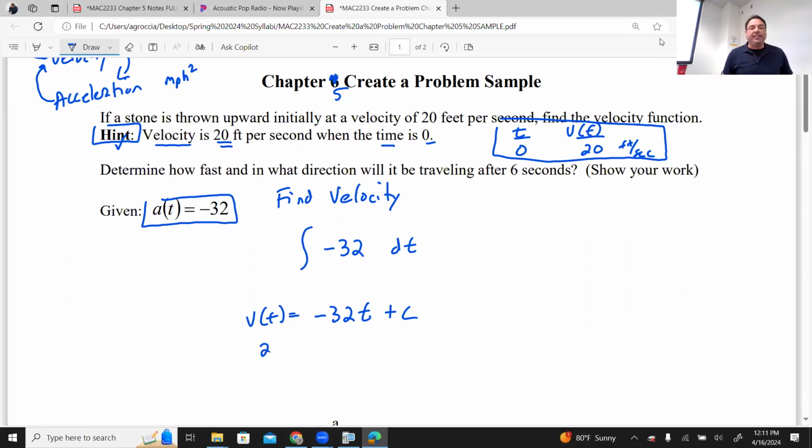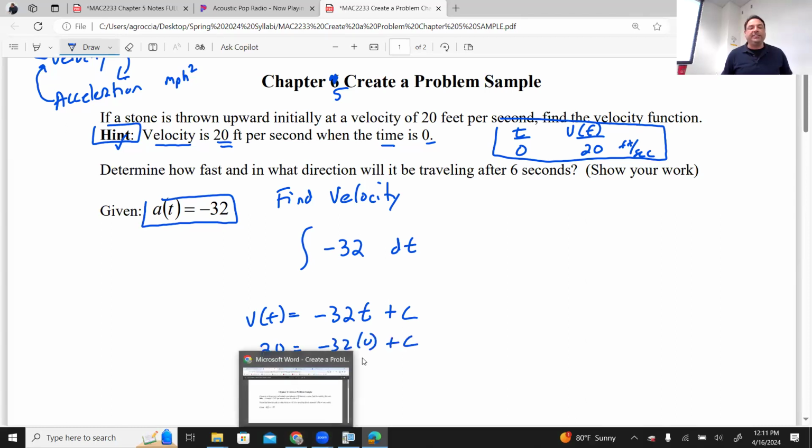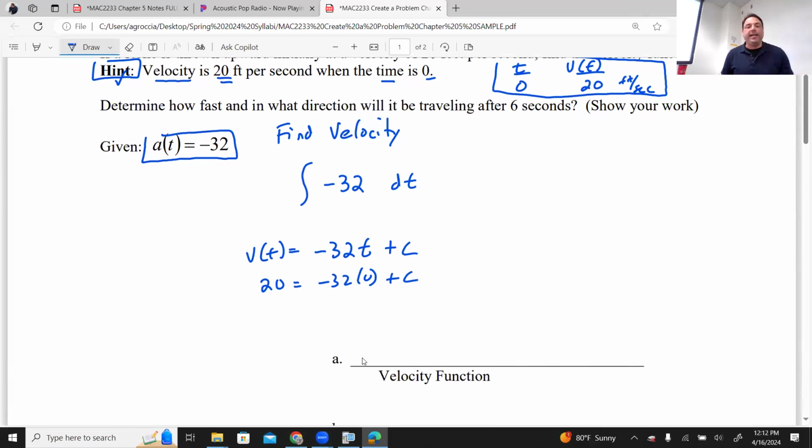So when the velocity is 20, the time was 0, and now I can solve for c, because you're going to get 20 equals 0 plus c, therefore c equals 20, and now we have our complete velocity function, which is -32t plus 20.